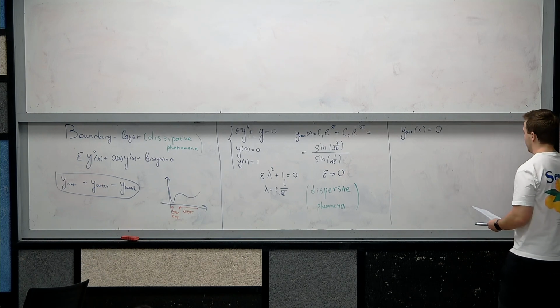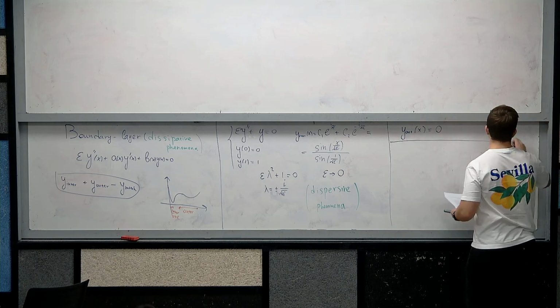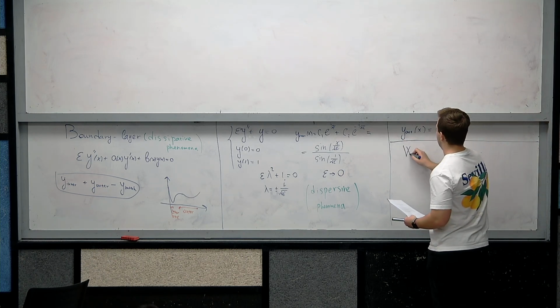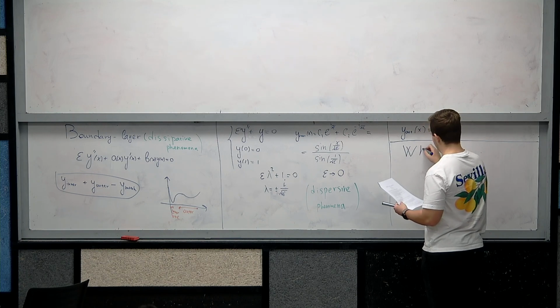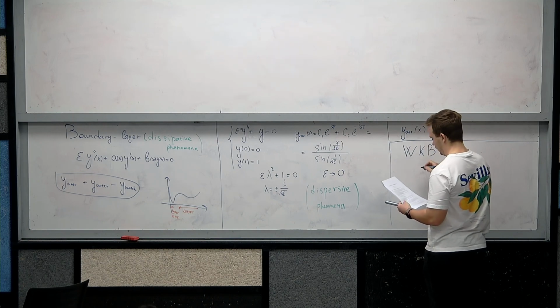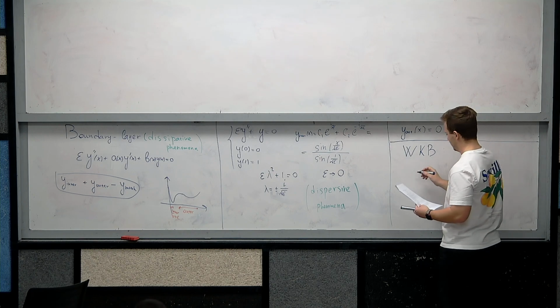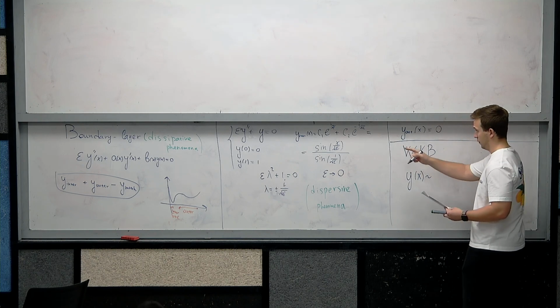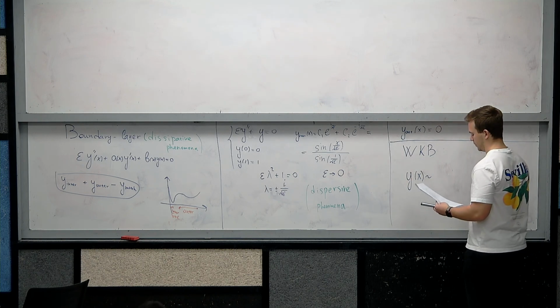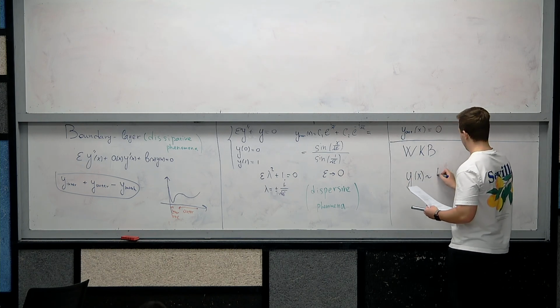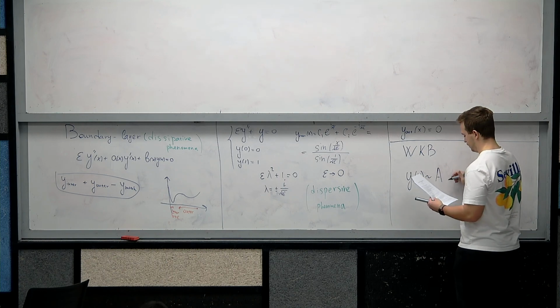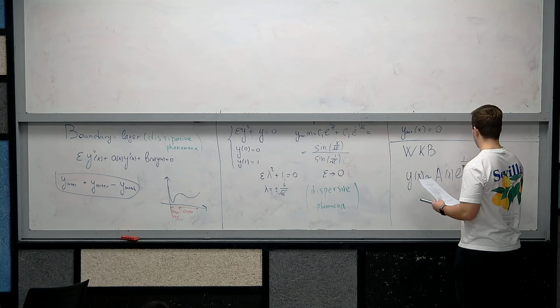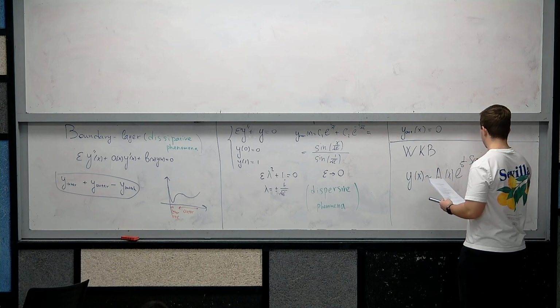So that's why we need to create something new, and some scientists did it for us. They say that maybe it will be better to find a solution for such problems with global breakdown in the form of a of x e to the 1 over delta s of x.